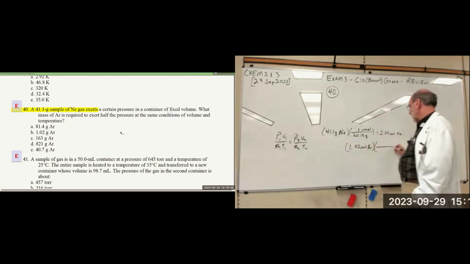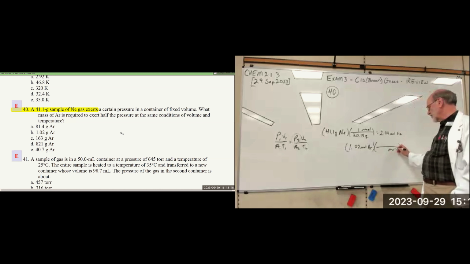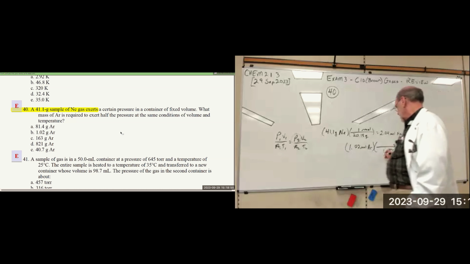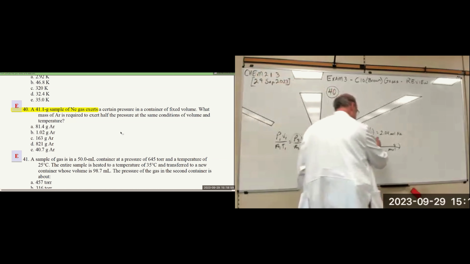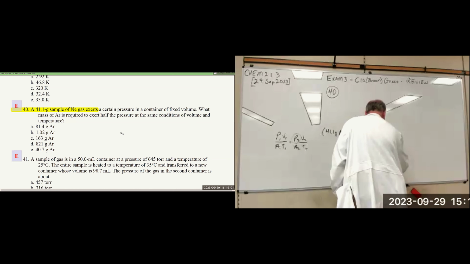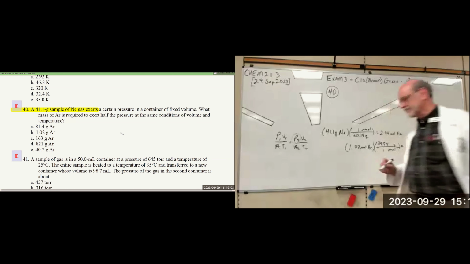Now all we have to do is convert that back to mass. Right. It's in the neighborhood of 40, I think. Argon, 39.95. Okay.